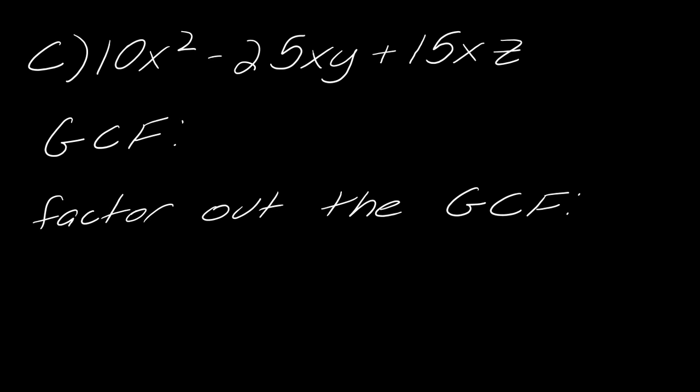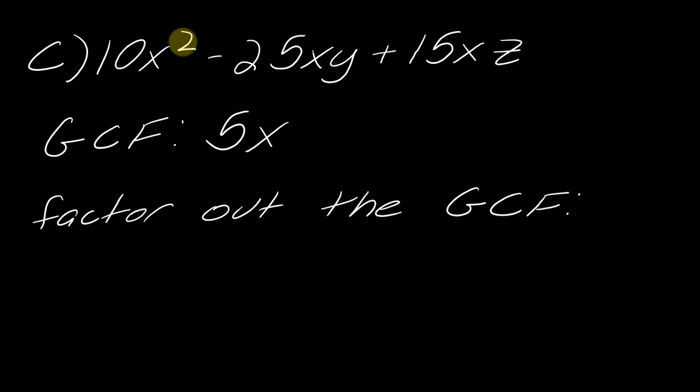So in this case, notice that everything is divisible by 5, and then all of these have an x in them. Now, this term has x squared, this has x, this has x. So what do you choose? It's always going to be the lowest power of that variable. So in this case, this would just be 5x. That's what I'm going to factor out.